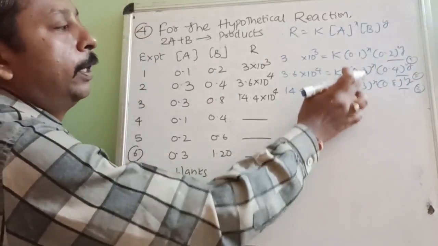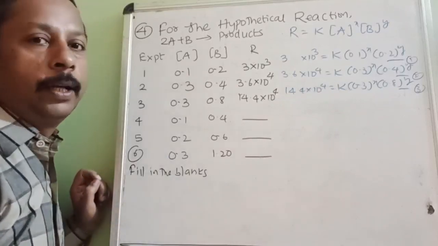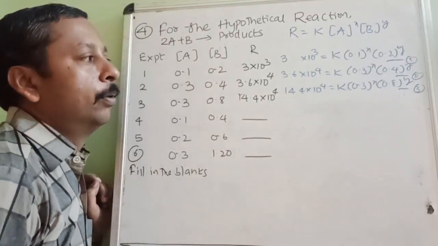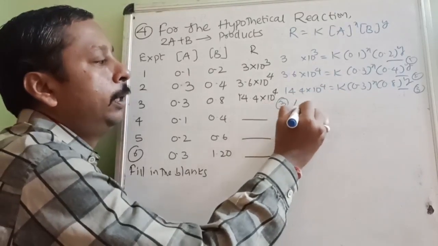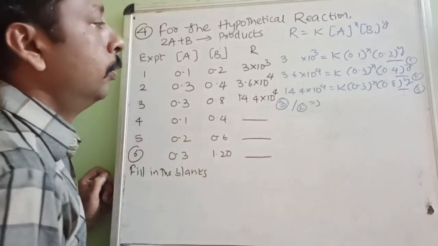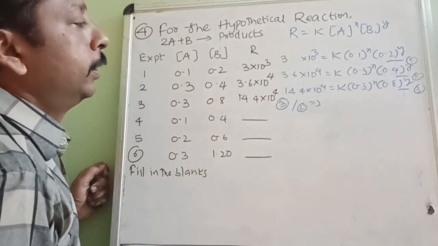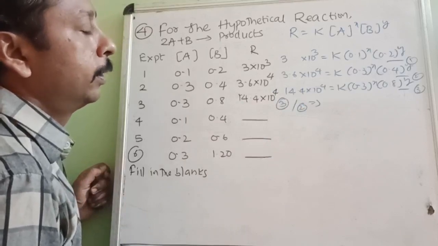If I divide these, I will get the y value, but what about the x value? Let me check. First I will divide equation 3 by equation 2. So 3.6 and 14.4, that is 36 and 144. Is it correct?